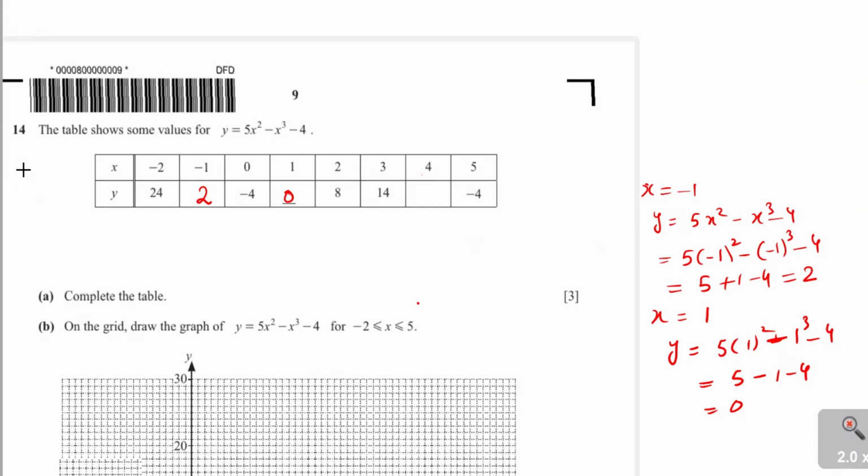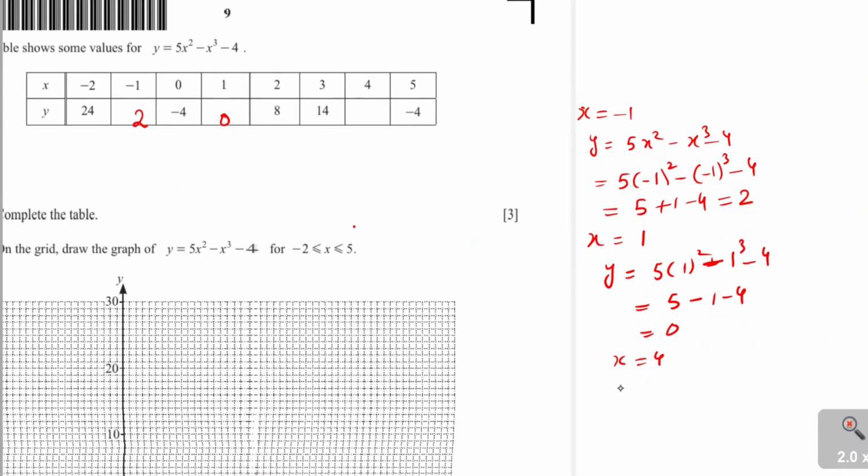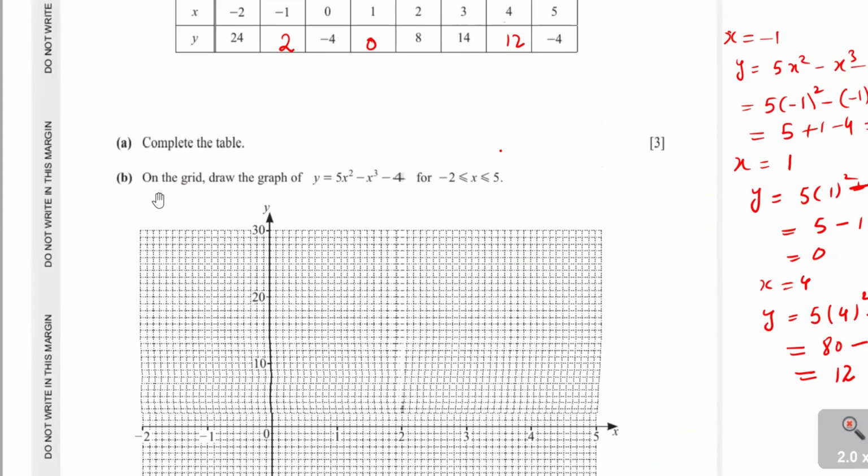And for x equal to 4, the value of y will be equal to 5 into 4 square minus 4 cube minus 4, and this 5 into 4 square is 80, minus 4 cube is 64, minus 4, and this value equals 12. We write here 12. And next is part B.